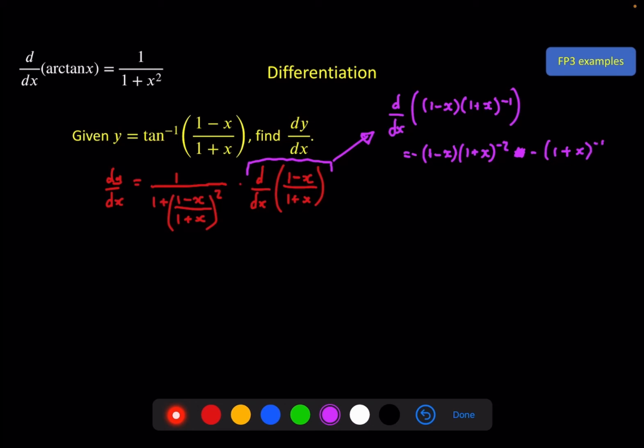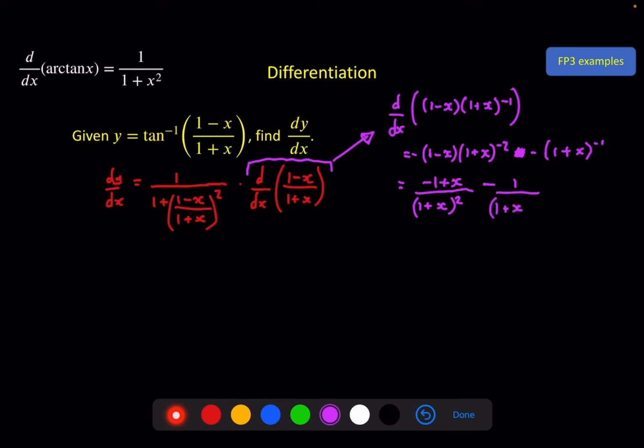That's still looking pretty horrible. I'm going to tidy that up. So we've got a minus 1 plus x over 1 plus x squared minus 1 over 1 plus x.